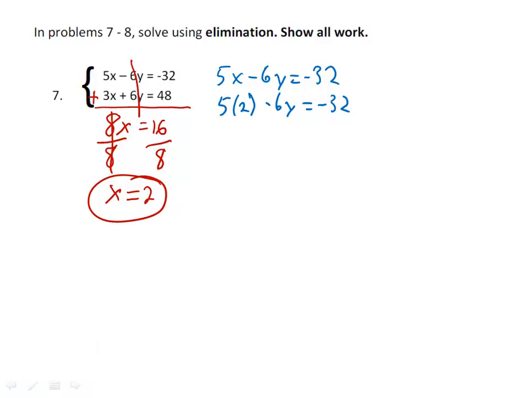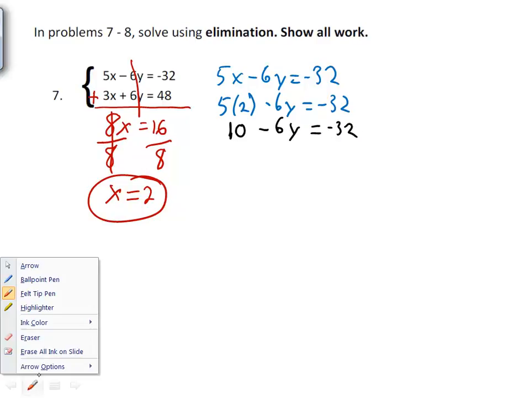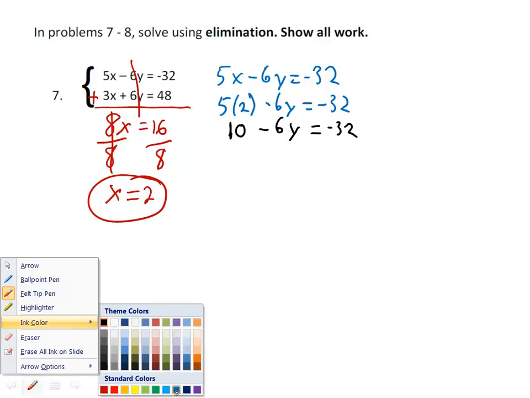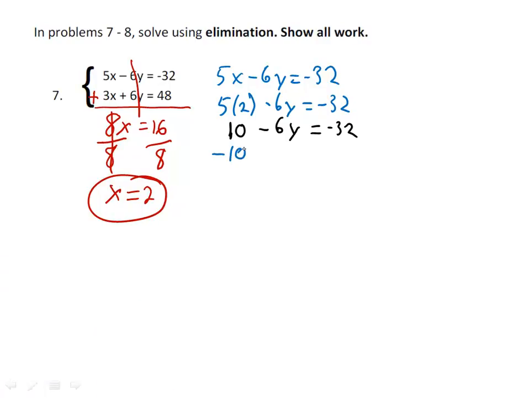We have 5 times 2 is 10, minus 6y equals negative 32. And then we subtract 10. We've got negative 6y equals negative 42. Negative 32 plus negative 10 is negative 42. And then finally we're going to divide both sides by negative 6. And y equals 7.